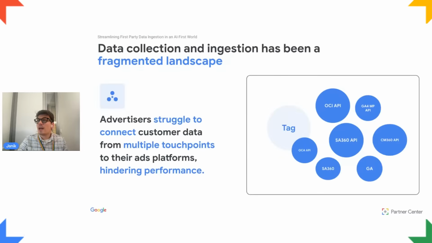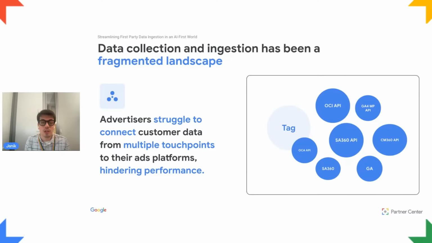So, as you all know, it's sometimes a struggle to connect multiple user touch points because advertisers store data in different backends, and then you also have to send it to a lot of different data sources.